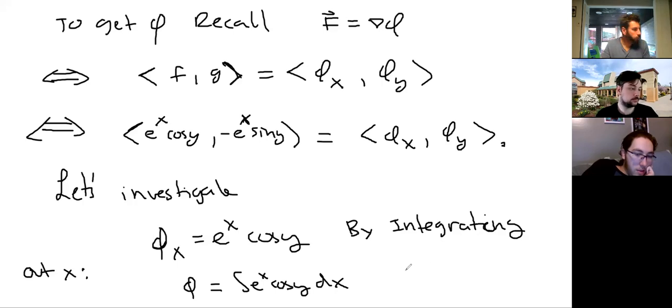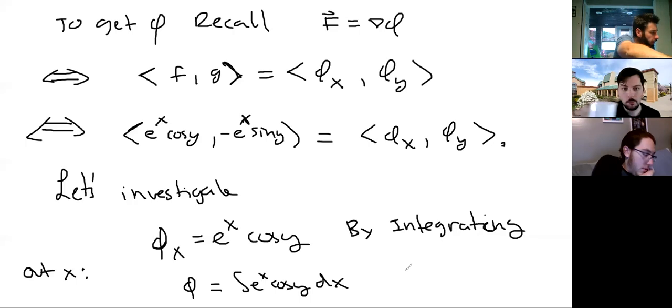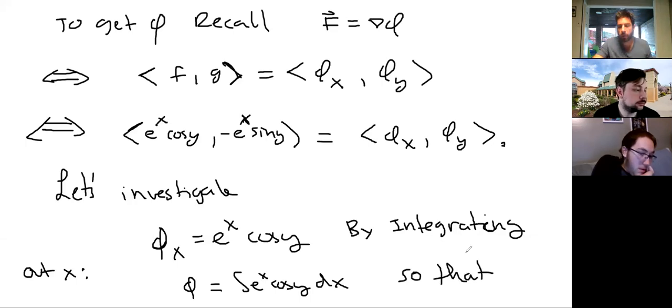Now, what is the integral of e to the x? We know the integral of e to the x is just e to the x. So now we're going to do some reasoning, and it might take a moment to understand. Remember, our function phi is a function of x and y.